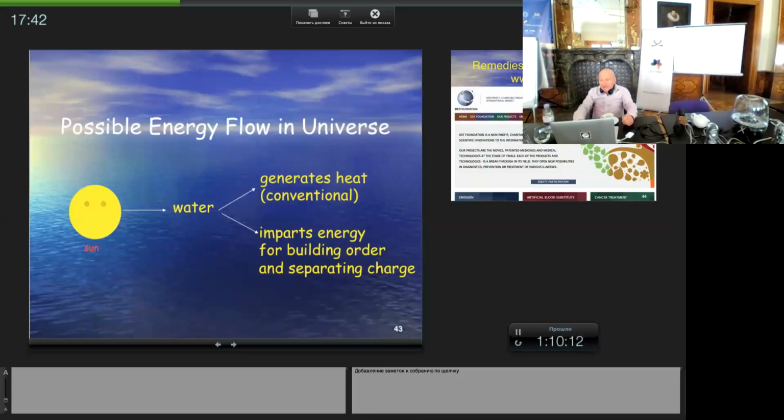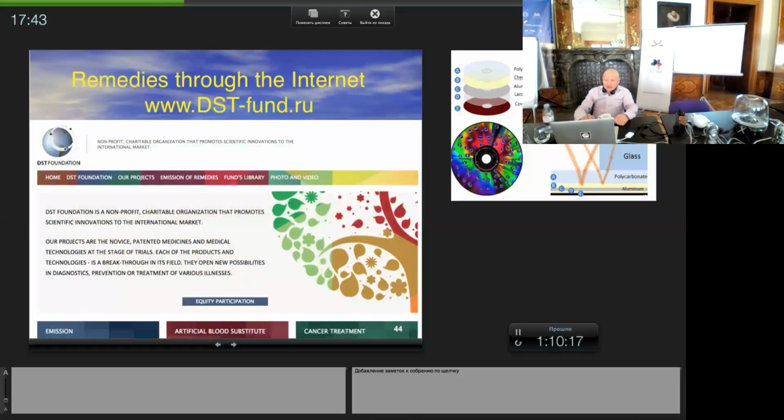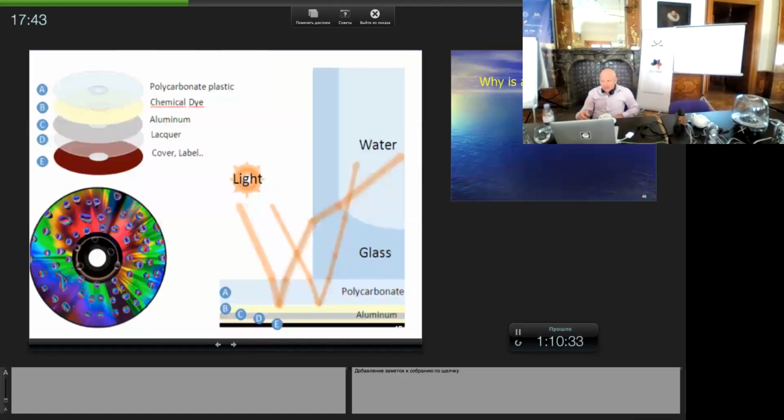Another interesting application of this idea is the so-named DST fund. This fund creates informational copies of different remedies. They take some tablet or remedy, and they can charge water with this remedy.